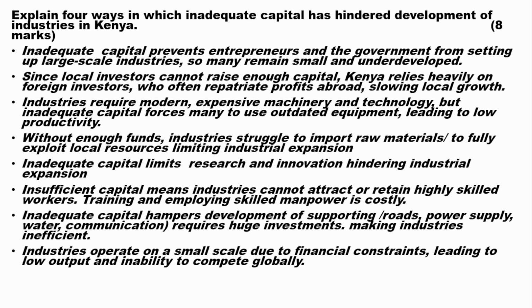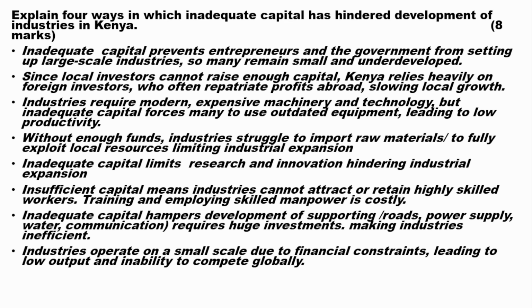Explain 4 ways in which inadequate capital has hindered the development of industries in Kenya. One is that inadequate capital prevents entrepreneurs and the government from setting up large-scale industries. Number 2, since local investors cannot raise enough capital, Kenya relies heavily on foreign investors who often repatriate profits abroad, slowing local growth.